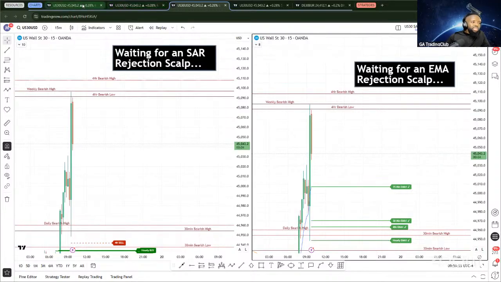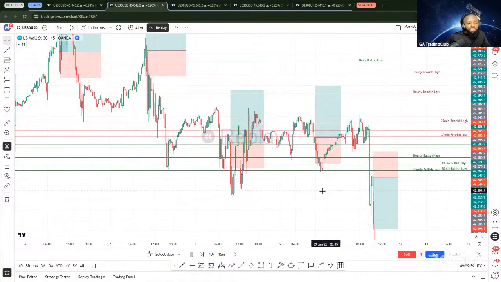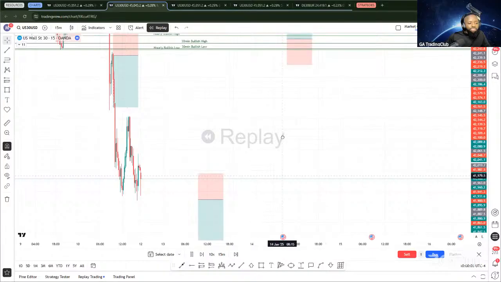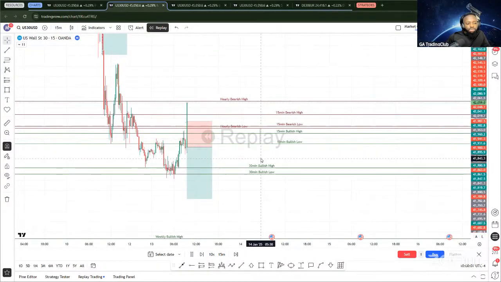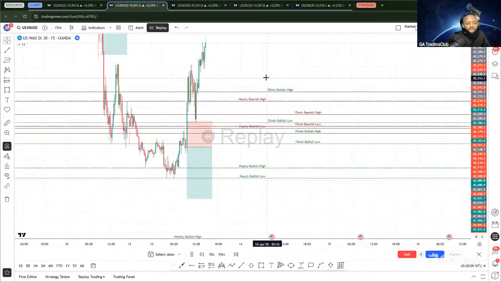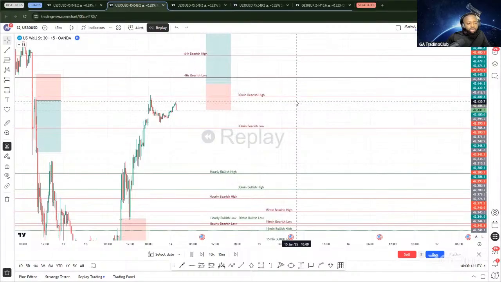I think it's also a good entry model for some of the prop firms that require you to hold a trade for at least 5 minutes or X amount of minutes, because it's not like our scalps where we are holding the trade for literal seconds.